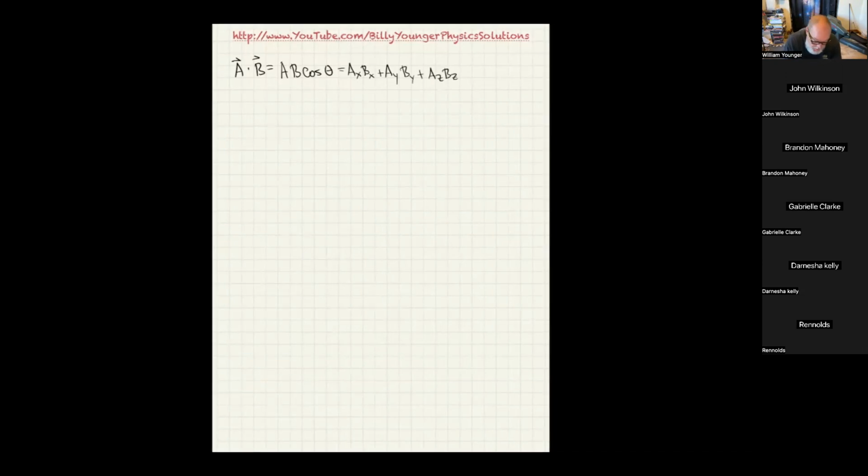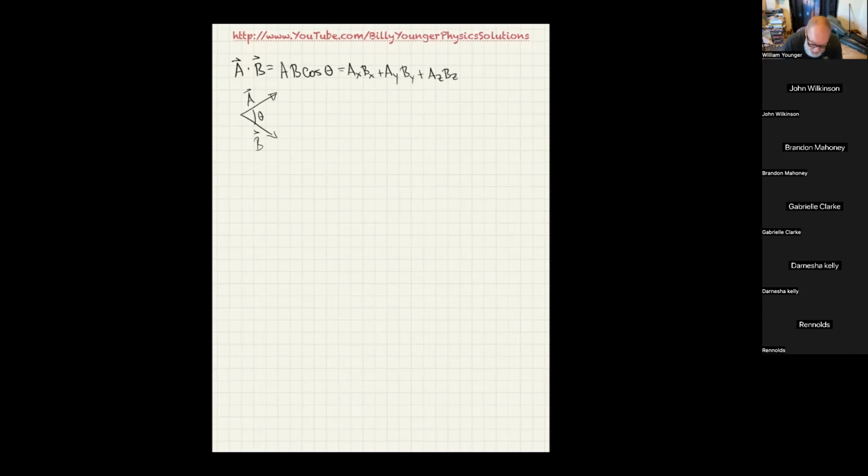I will accompany that with a drawing of A and a drawing of B and the angle theta. And I will tell you it's technically a linear operator too.